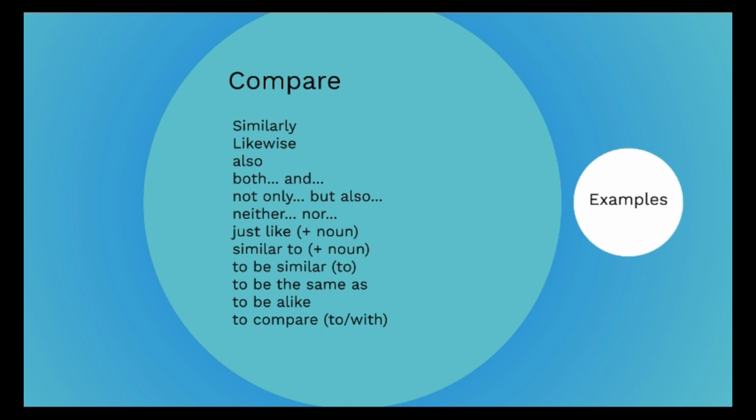These are words like similarly, likewise, also, both x and y, not only x but also y, neither x nor y, just like, which is followed by a noun phrase, similar to, which is also followed by a noun or noun phrase, to be similar, to be the same as, to be alike, to compare to, or to compare with. Examples of these in sentences.